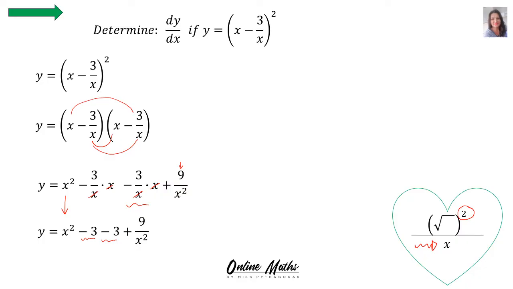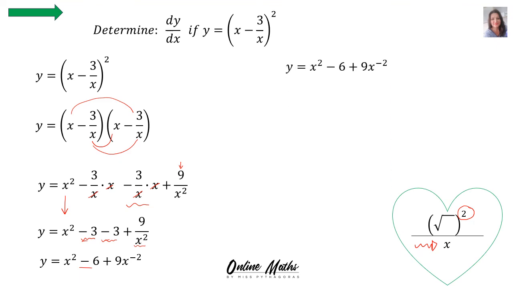So that x squared, you'll have to bring it up and it becomes x to the negative 2. And then minus 3 and minus 3 is minus 6. And here the x squared under the line, you cannot differentiate. You take it up, it becomes plus 9x to the negative 2.